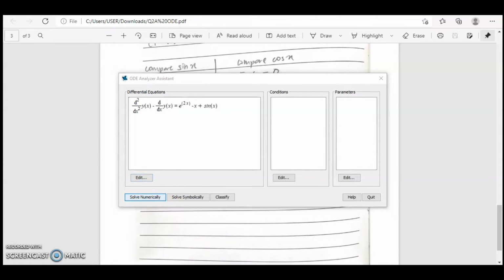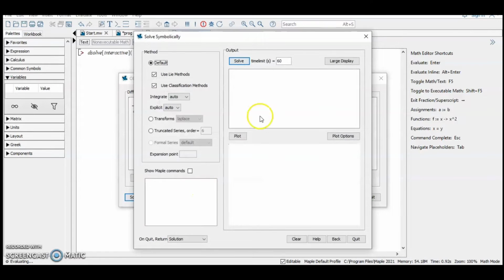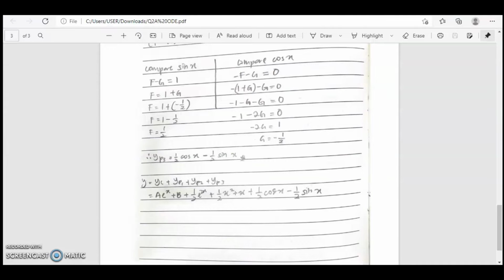As you can see, it entered the differential equation here. Then click solve symbolically, then click solve, and you get the result. The result is like this: 1 over 2 e to the x.